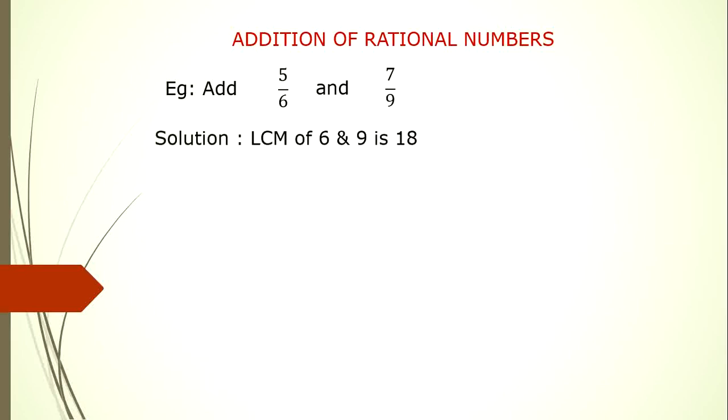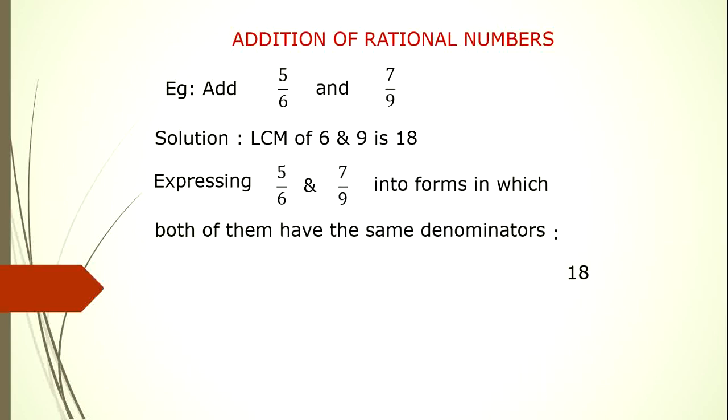Before going to addition, we need to take the LCM of the denominators. Denominators are 6 and 9. So the LCM of 6 and 9 is 18. Expressing 5 by 6 and 7 by 9 in forms in which both have the same denominator, 18, 5 by 6 can be written as 5 into 3 by 6 into 3, which is equal to 15 by 18.